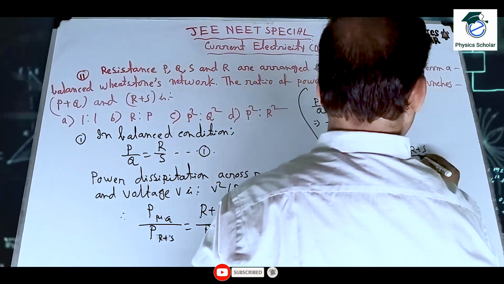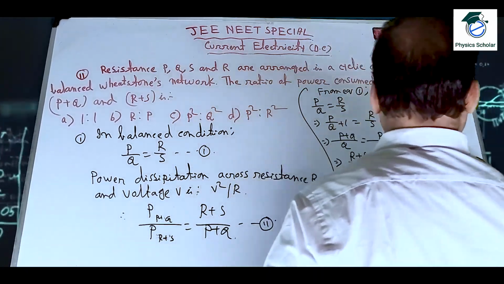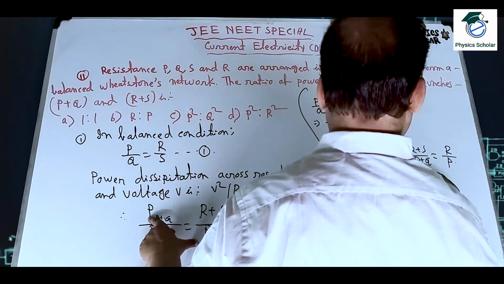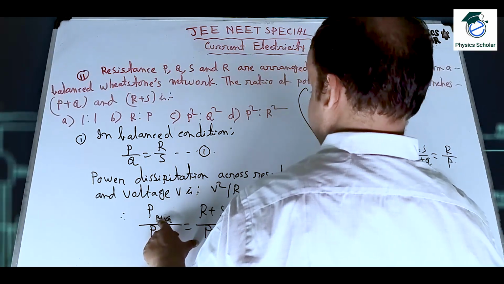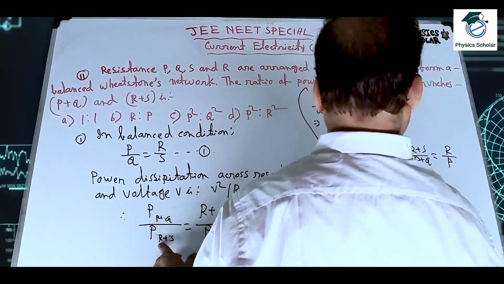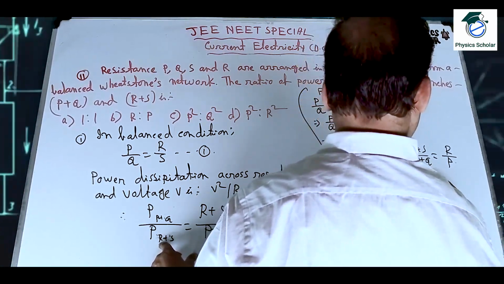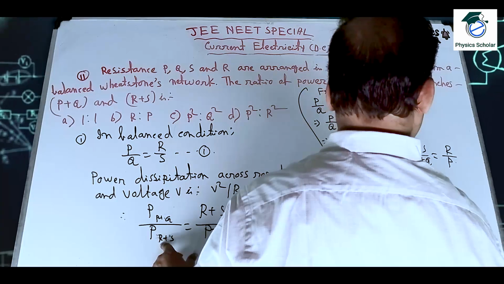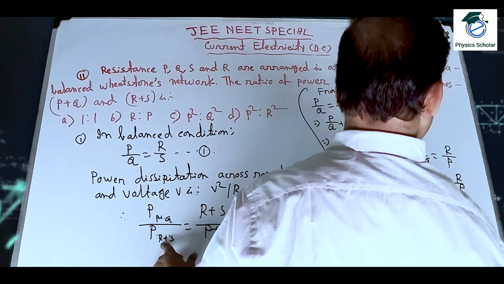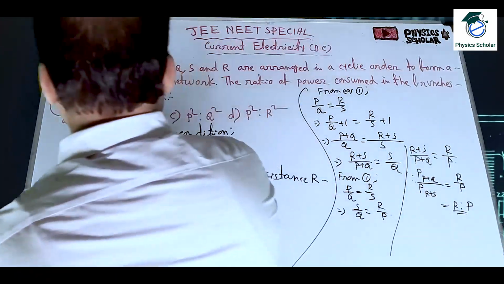R plus S by P plus Q is equal to, instead of S by Q, R by P. So the power dissipation of P plus Q divided by P, R plus S, is equal to R by P, that is, R is to P. Clear? That means option number B.